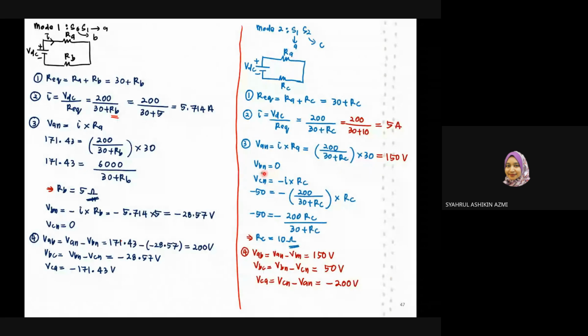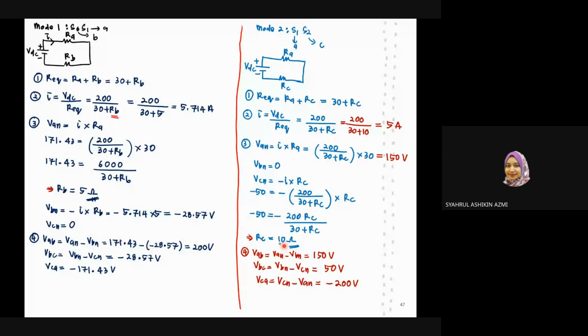We formed just now, VCN negative 50 will be equal to negative I minus... I in step number 2 by RC. Obviously you can solve because the only unknown is RC.